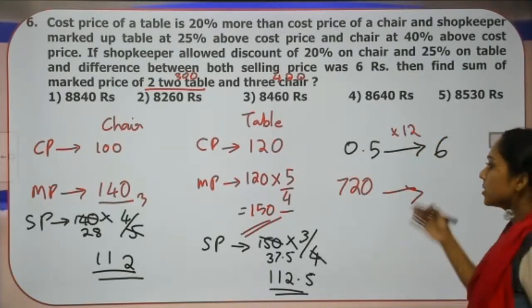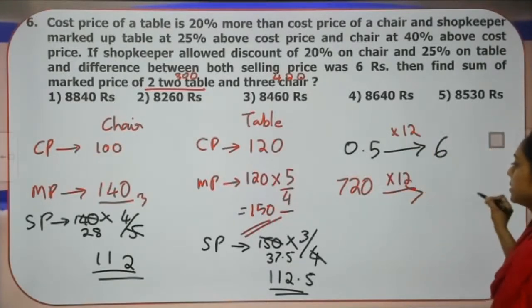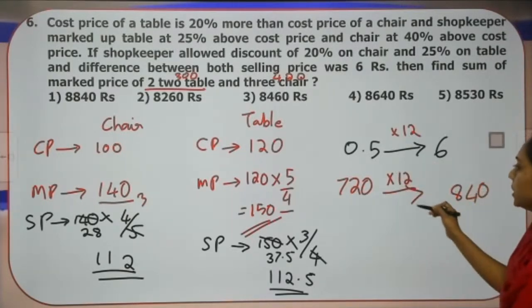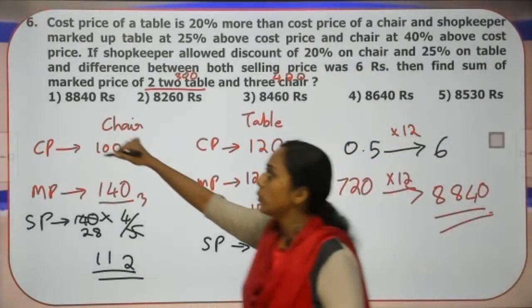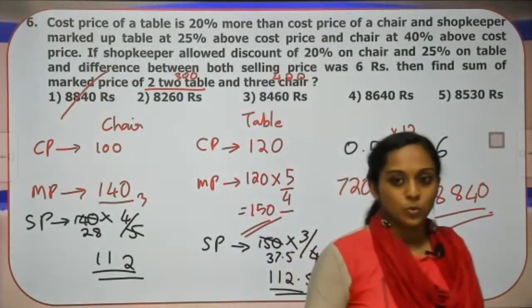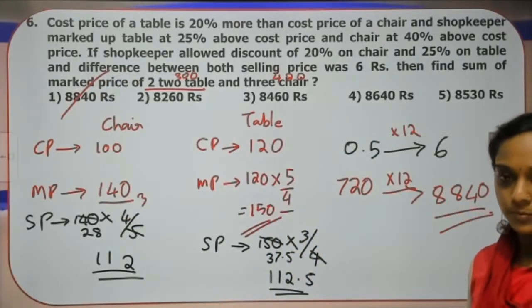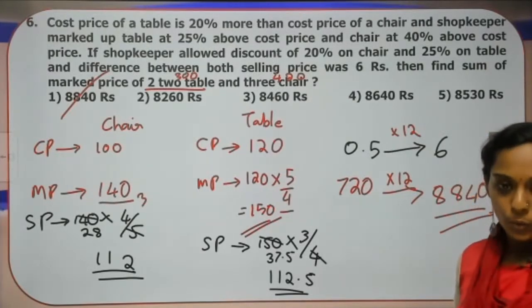So 720 into 12, that is 8840. So our answer is option 1, 8840.